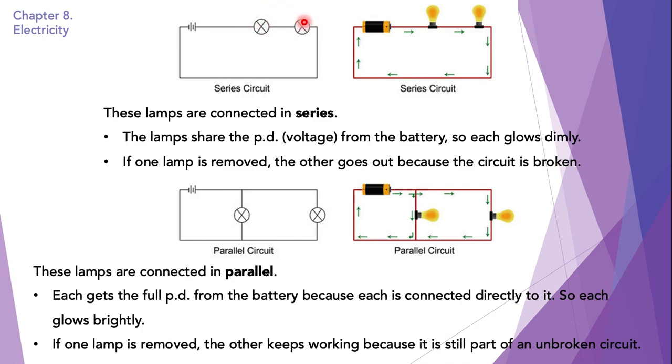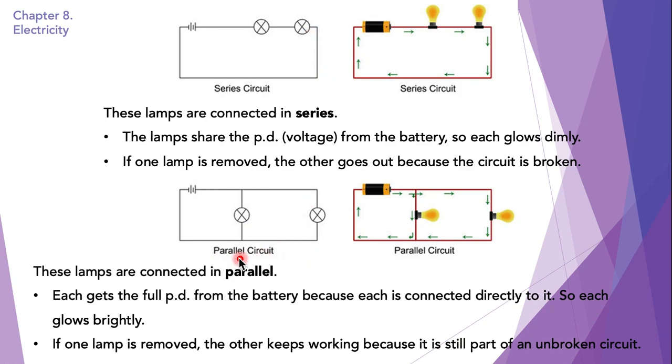So the lamps share the potential difference from the battery, so each glows dimly. And if one lamp is removed, the other goes out because the circuit gets broken. This is the circuit we use in the lights I was talking about before. They are connected in series.